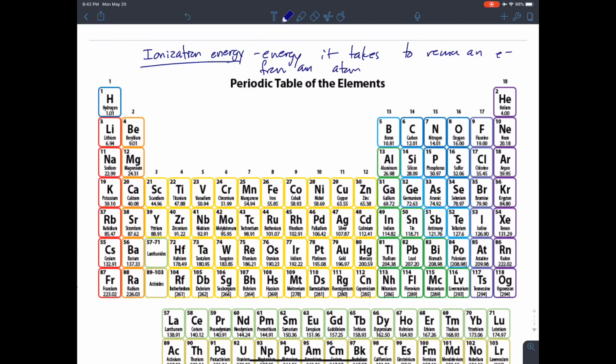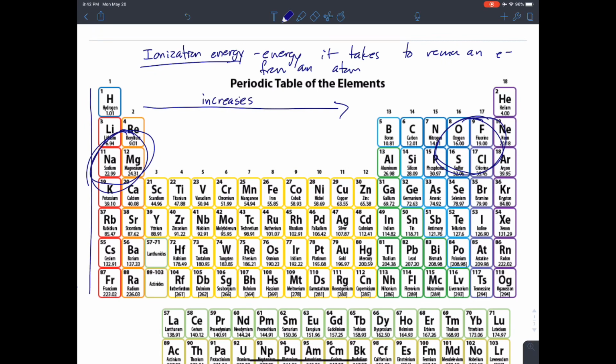So this directly depends on how strong the nucleus is, how much force the nucleus has on the electrons. As we go across from left to right, what's happening to the nucleus's effect on the electrons? It's increasing. The nucleus is getting stronger. Therefore, ionization energy increases, because it takes more energy to take away an electron from one of these stronger atoms over here than it does from the weaker atoms over here. These strong nuclei are going to hold the electrons tight. These aren't going to hold them as tight.